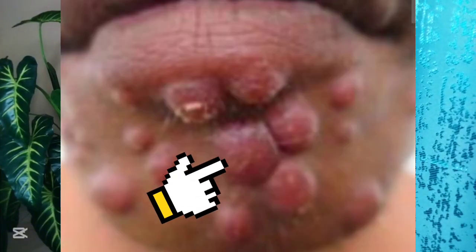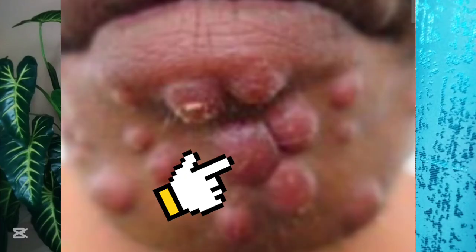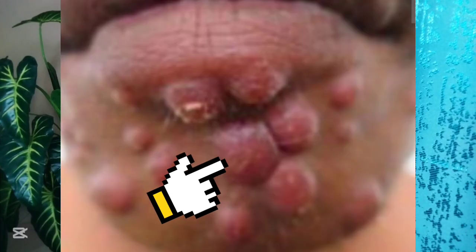While a nodule is a small, solid, firm swelling that develops under the skin and it is usually more than 1 centimeter in diameter. The macules, the papules, the plaques, and the nodules usually occur on both sides of the body. They are symmetrically distributed.